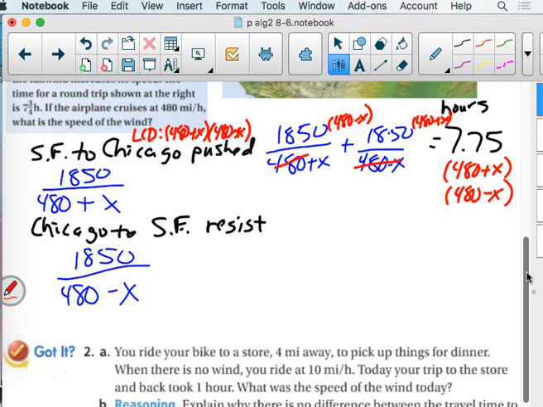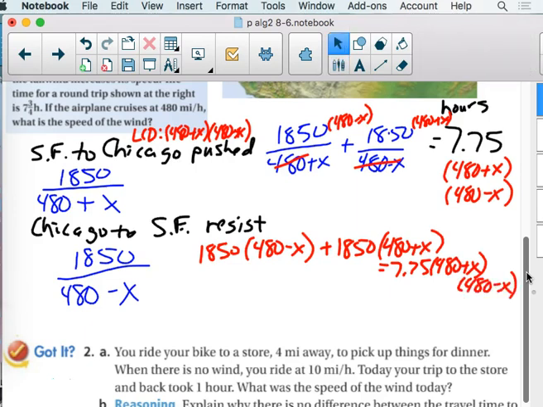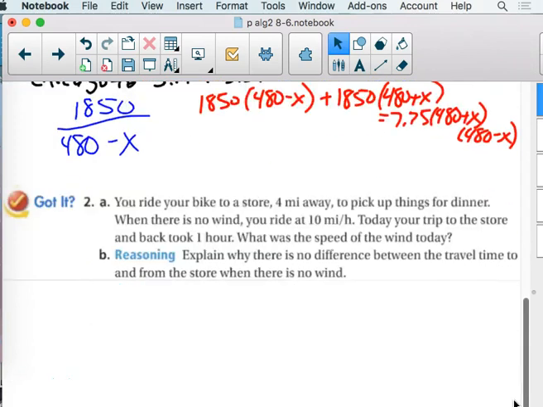All right, away we go. So we'll have 1850 times 480 minus x plus 1850 times 480 plus x equals 7.75 times 480 plus x times 480 minus x. And there's no way I'm going to be able to fit that there.